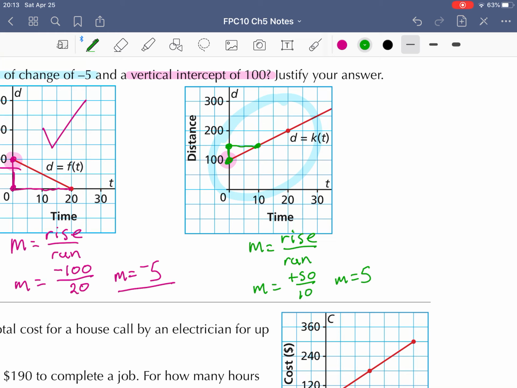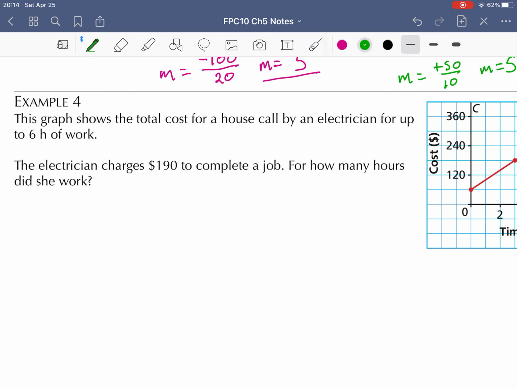Now let's take a look at this one. Again, to write our equation, we are going to use the intercept and the slope. So y equals mx plus b, y equals plus 5x plus 100. That is how you write the equation of a line in y equals mx plus b form.